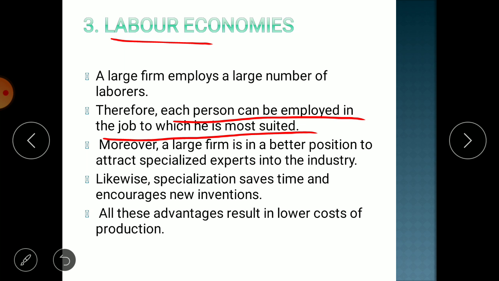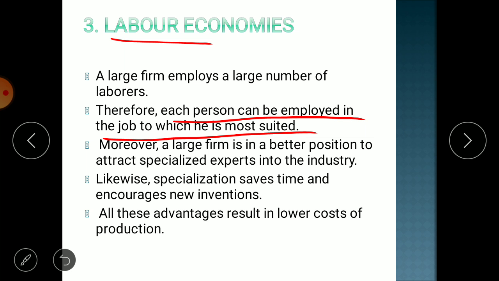Whereas in a joint stock company, they have so many laborers. One laborer will be there for purchasing, one for selling, and one for keeping the records of accounts. So we have these specialized persons. We will employ the person for purchasing who knows better how to purchase at a lesser price. We will keep the person in the selling department who knows how to sell more in the market.